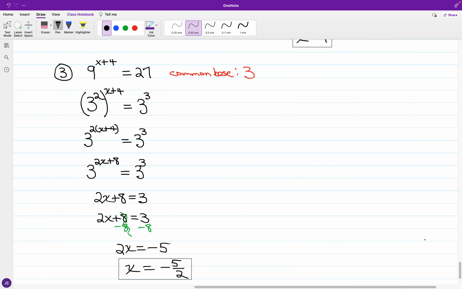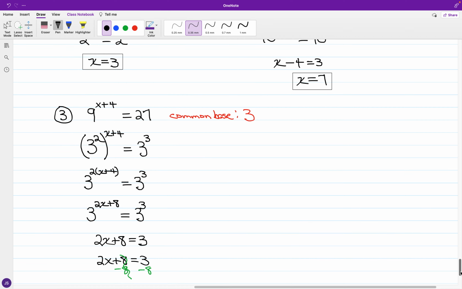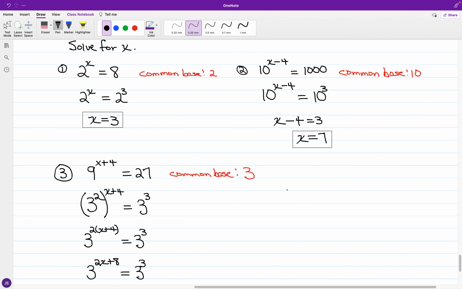And let's say that if we have, like in the fourth case, 10 to the x minus 4 is equal to not 1,000, but let's say we have 1 over 1,000.